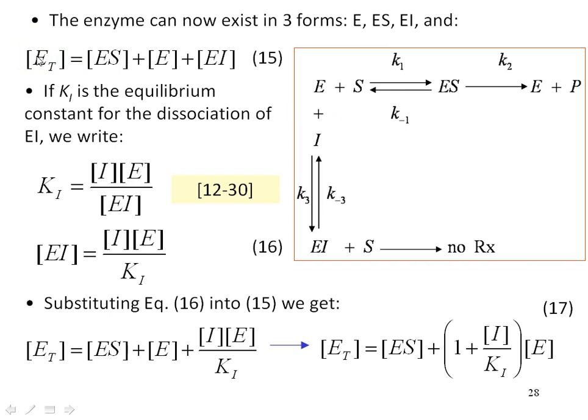The equilibrium constant of the enzyme inhibitor complex is a dissociation constant. So you regard this as the reactant, and these are the products.